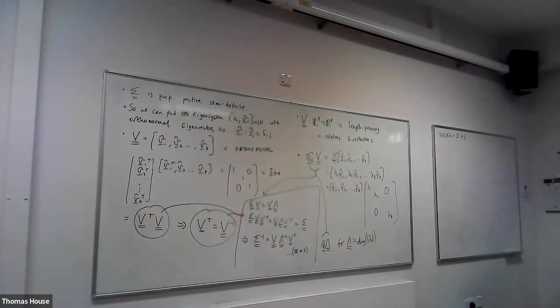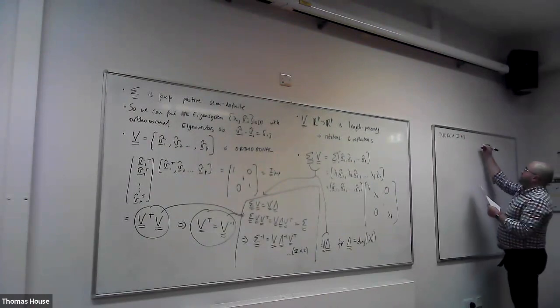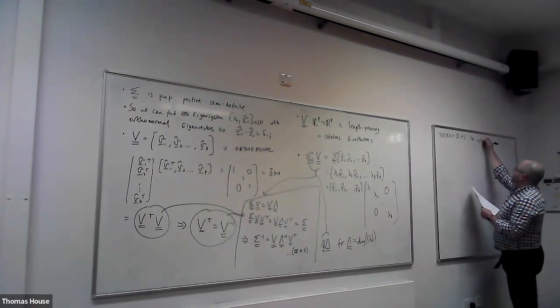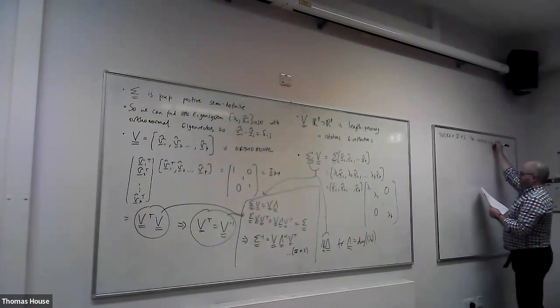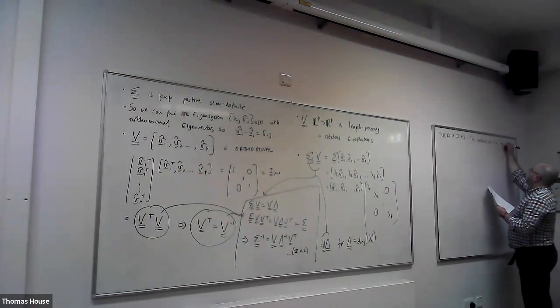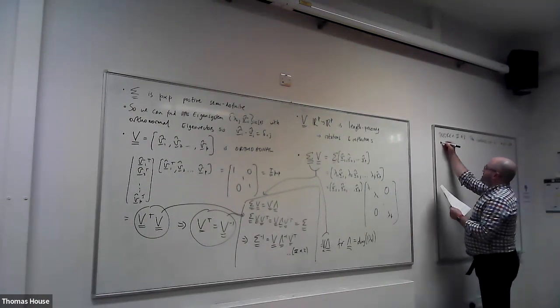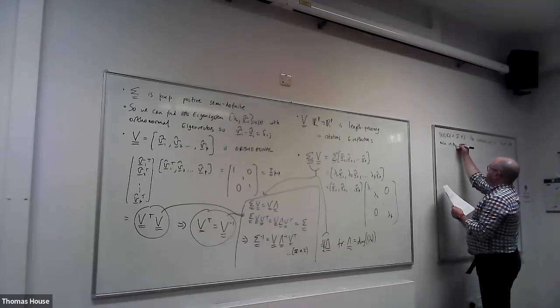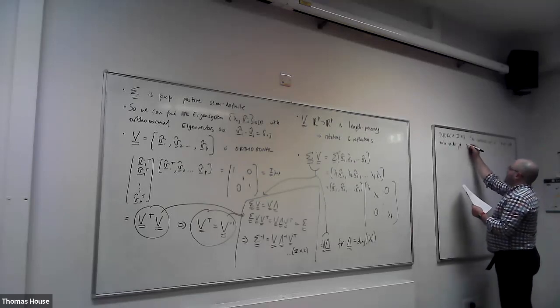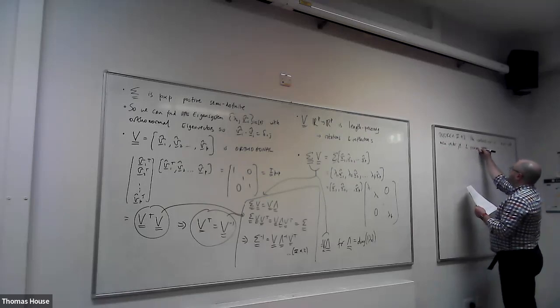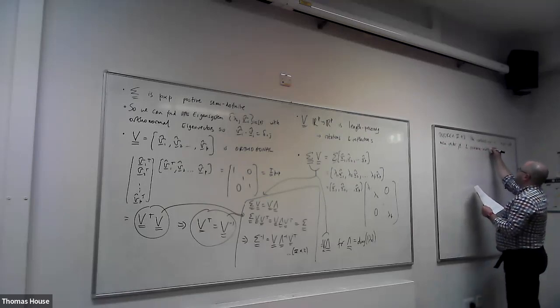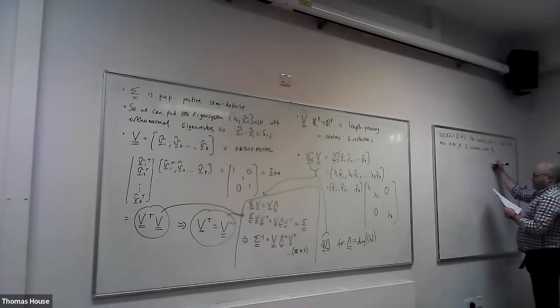So now the main thing we're going to use what we've developed here to show is that the contours of a multivariate normal with mean vector mu and covariance sigma are ellipsoids.